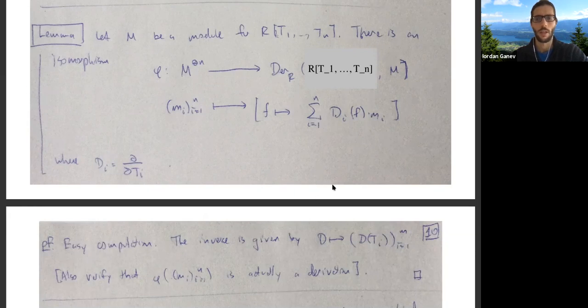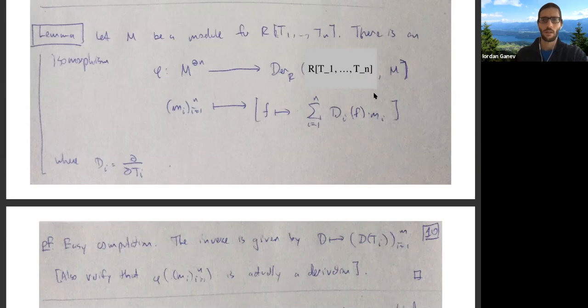following thing. So if we have any derivation from this polynomial algebra to M, then we can just look at where all the generators go. So we have the generators T1 through Tn. We can look at where they go inside of M, and that determines everything, because any element in the polynomial ring is built out of the generators.